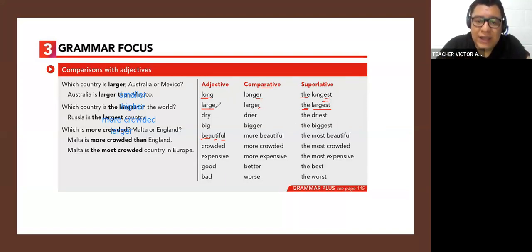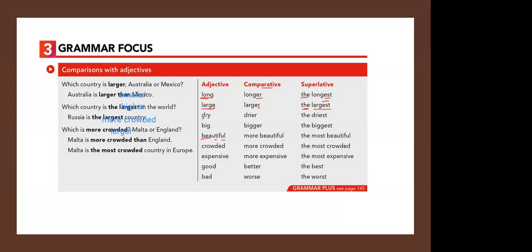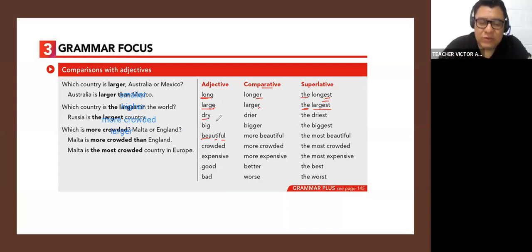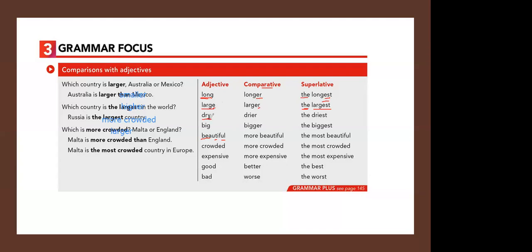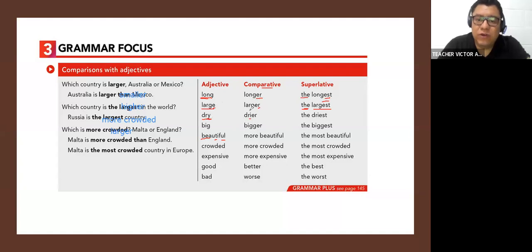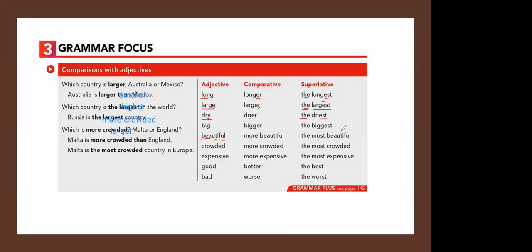If the word ends in E, we only include R, it's not necessary to include another E. If we had dry, again one syllable, we modify the Y to I and then ER for the comparative, and for the superlative, once again, EST.